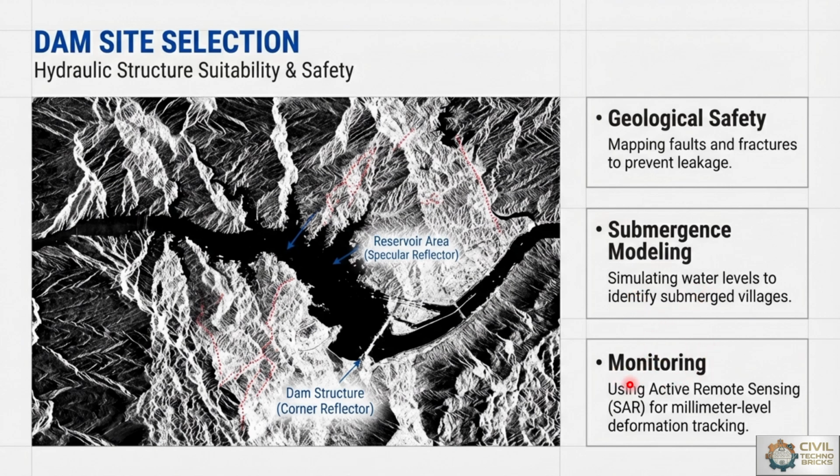And next one, monitoring, where we use active remote sensing for level deformation tracking, so that we can check the deformation or displacement within the whole catchment area or watershed area, or the water which will be stored on the upstream side, and that will be impacting the water pressure beneath the earth surface. We can cross check and monitor.